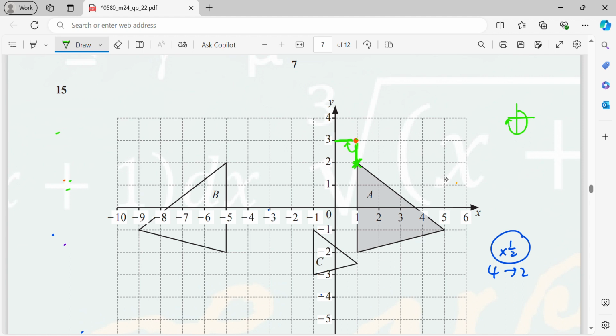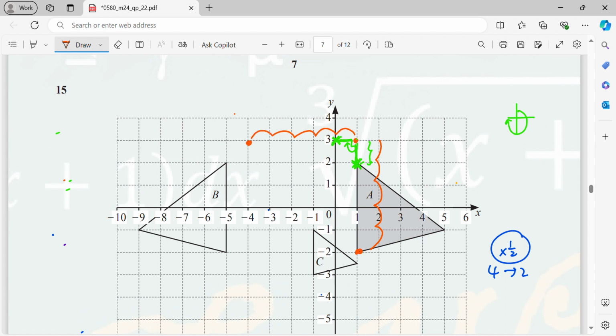Here is 90 degrees. That means here 1 unit, it will be transformed into this point. Then for the next point, which is here, just count 1, 2, 3, 4, 5. 5 units. Therefore, it will be rotated into 1, 2, 3, 4, 5.